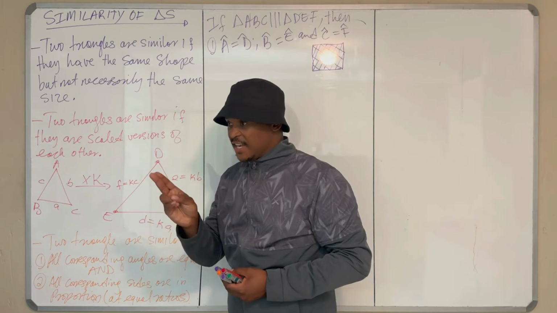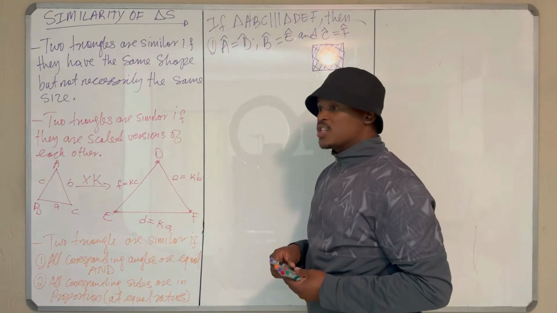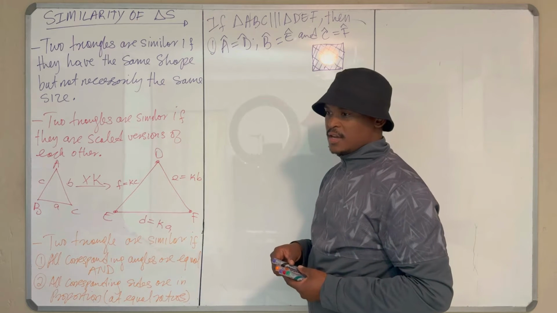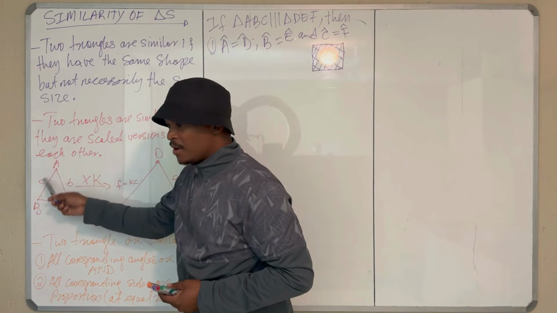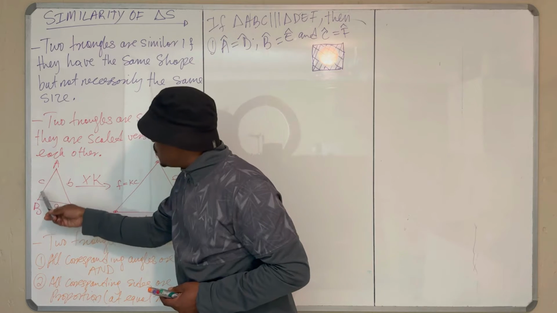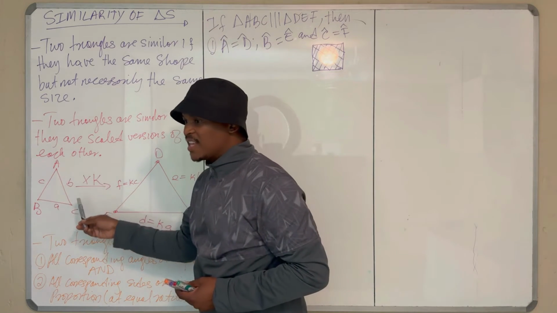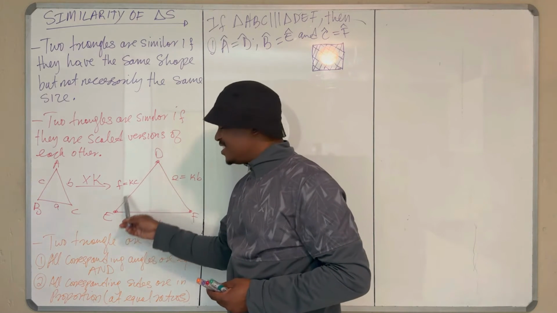And, what is it? All corresponding sides are in proportion, right? What are corresponding sides? If you look at AB here, AB goes together with DE. So we will say that your AB, after it has been transformed by that scale factor K, became DE.